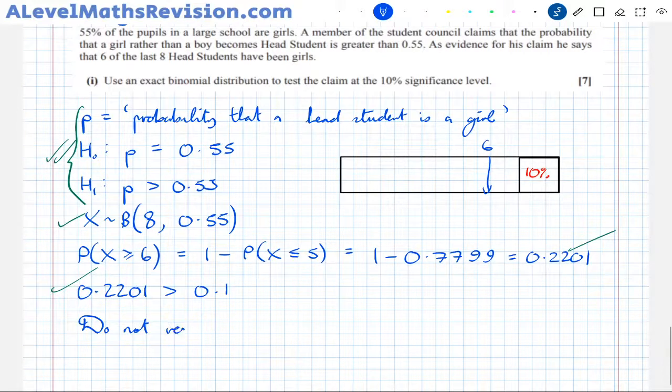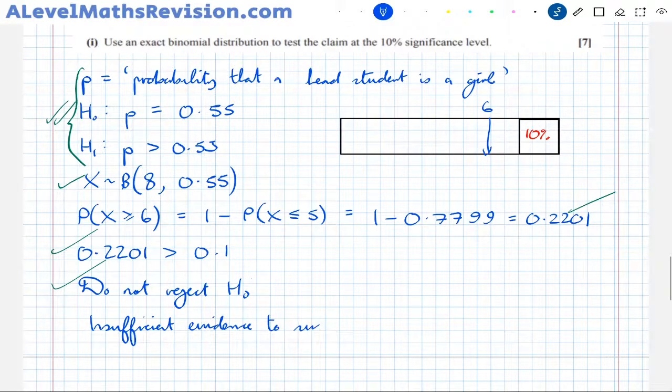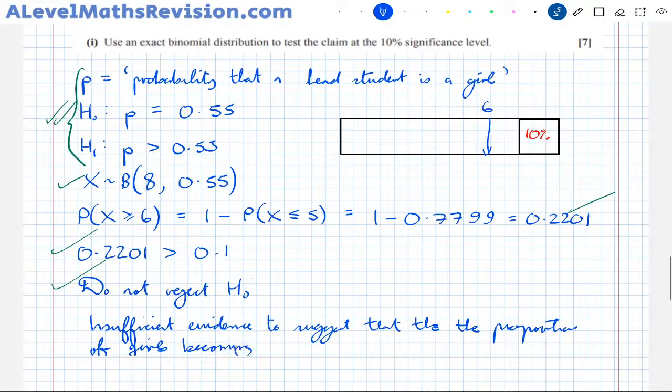Do not reject H0. That's a mark. Insufficient evidence to suggest that the proportion of girls becoming head student is greater than 0.55.